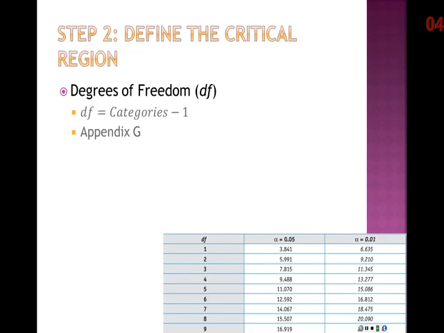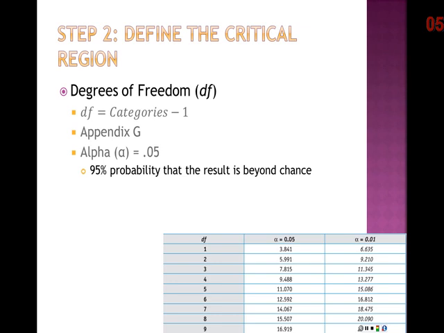That's this little table down here at the bottom right. And we want to use our alpha level of 0.05. If you want to be more conservative, you can do 0.01 if you'd like, but 0.05 is sort of the standard. That gives us 95% probability that the result is beyond chance. So it gives us a good chance of saying that our results are correct without error.